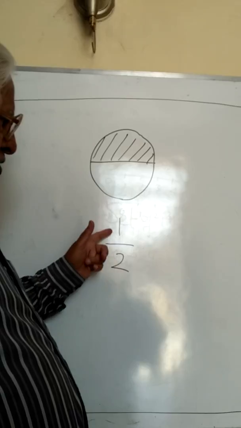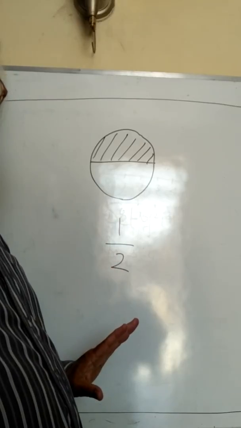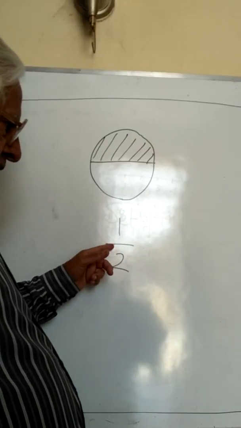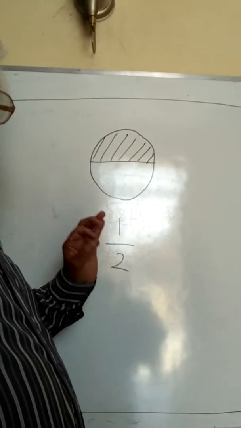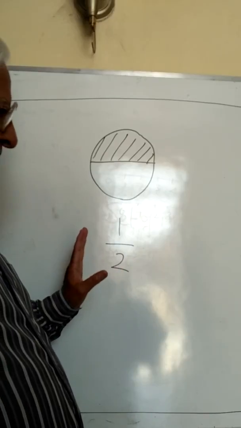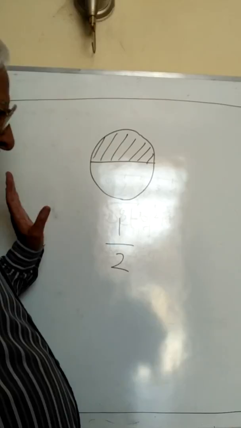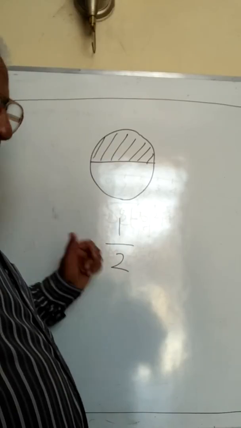Now, these numerator and denominator can be any integer. But the only thing is, this denominator should never be 0. Otherwise, it will become meaningless. So, both these are integers and this should not be 0.